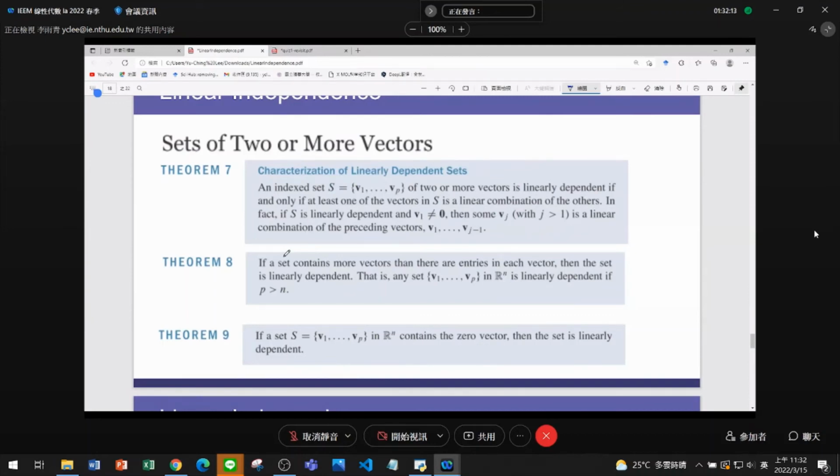Okay, do we have questions for now about this theorem?